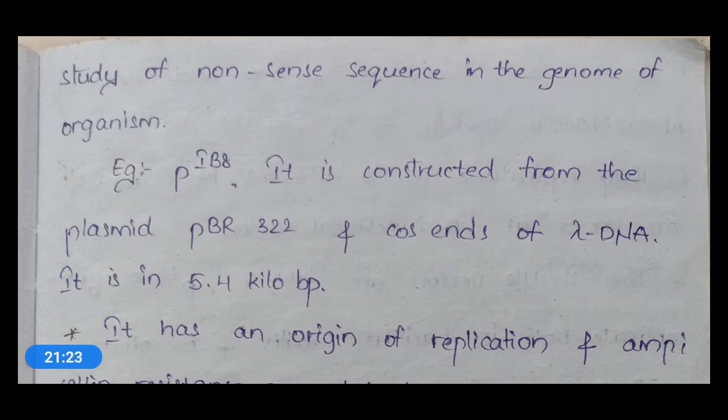pJB8. Okay, and it is constructed from the plasmid pBR322 and cos ends of lambda DNA, and it is around 5.4 kilo base pair.